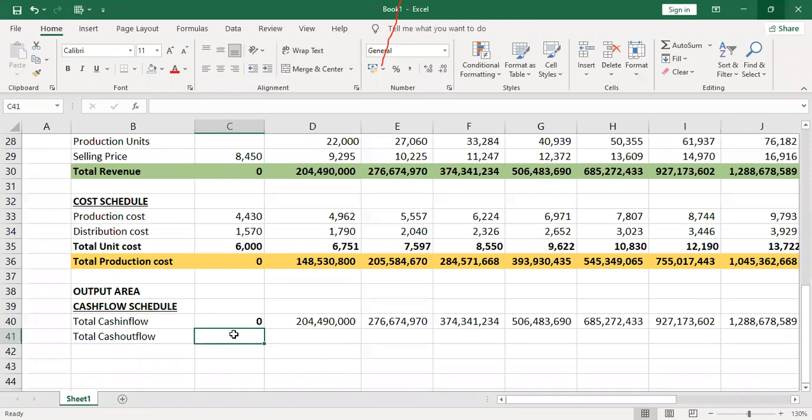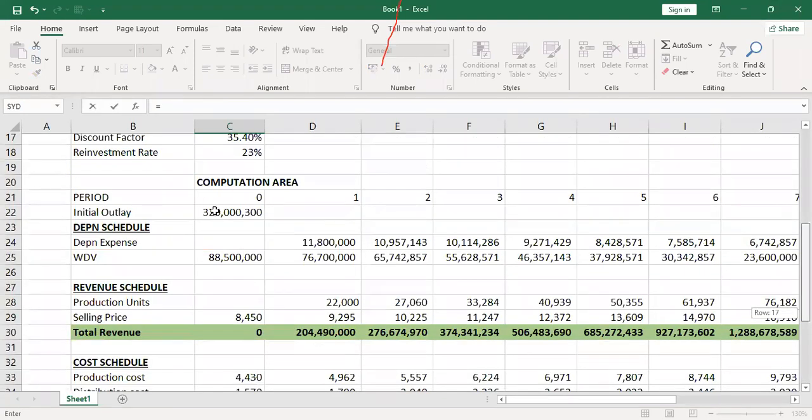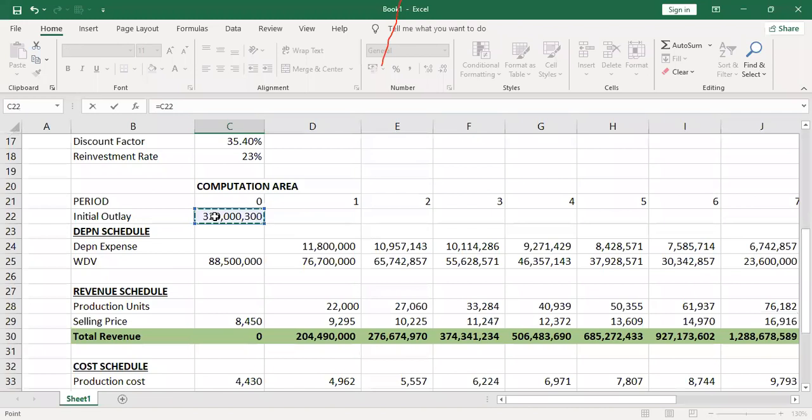It is equivalent to the total initial outlay, the costs incurred. So the total cash outflow in year 0 is equal to the initial outlay from the computation area.